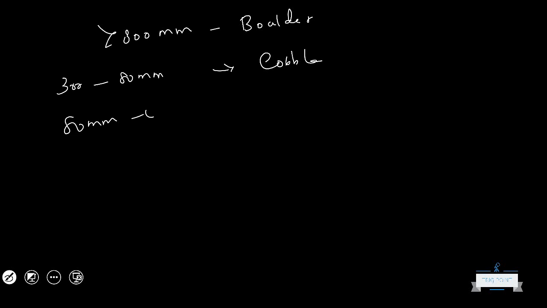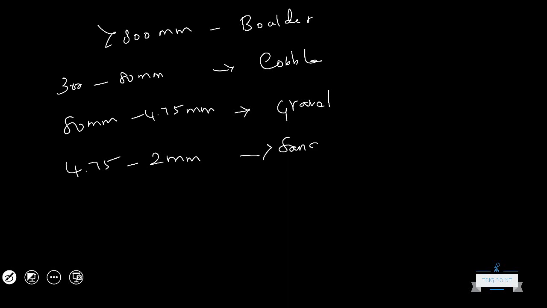Next, we will see the classification of soil according to size. Generally, greater than 300 mm is known as boulder. 300 to 80 mm is called cobble. 80 mm to 4.75 mm is known as gravel. 4.75 to 2 mm is known as sand, and then 2 mm to 75 micron is known as silt.